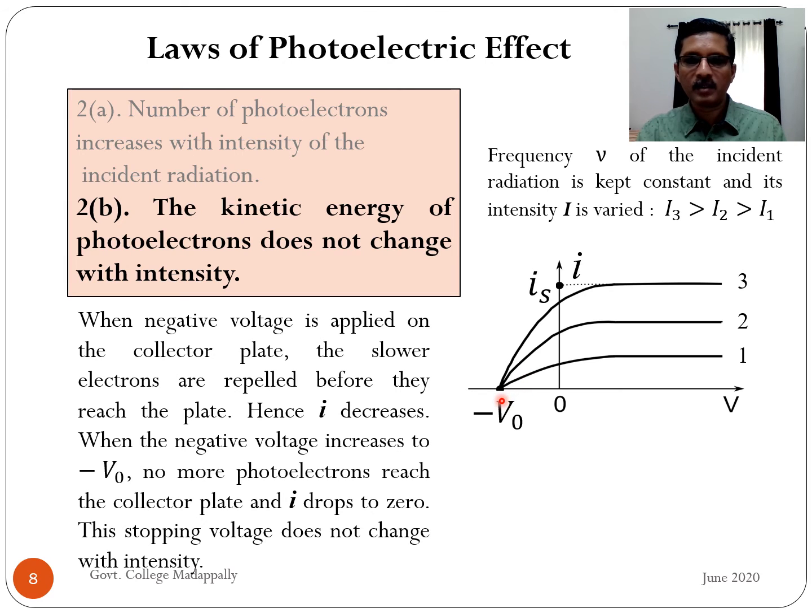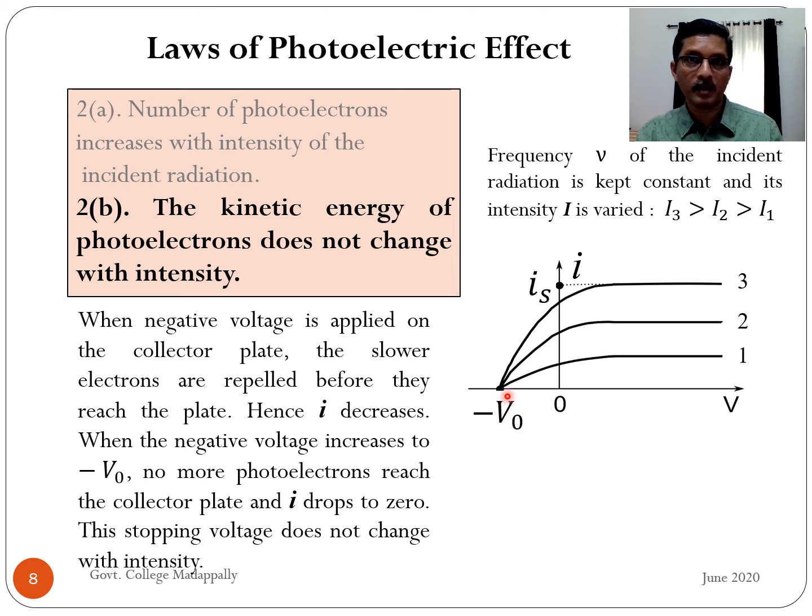And finally, when the voltage at the collector plate is minus V0, that means negative voltage V0, then even the fastest electrons emitted from the emitter are repelled by the voltage, and even the fastest ones cannot reach the collector plate, so the photoelectric current drops to 0.